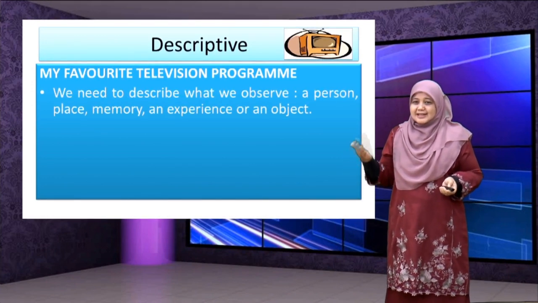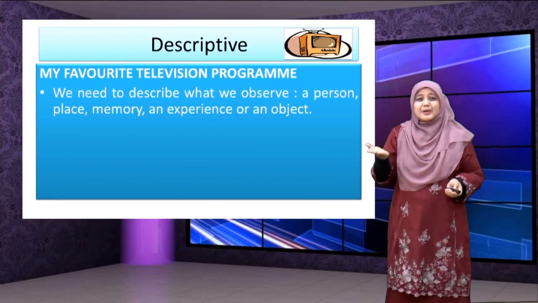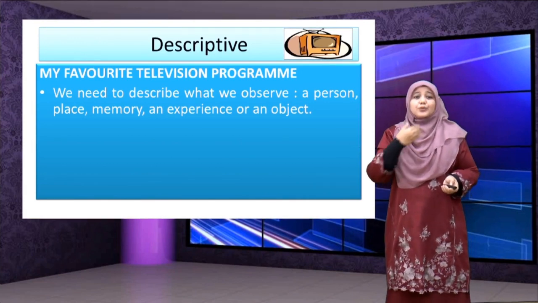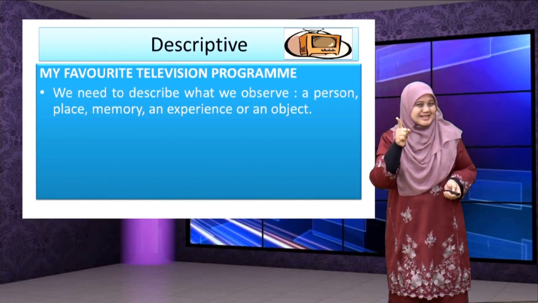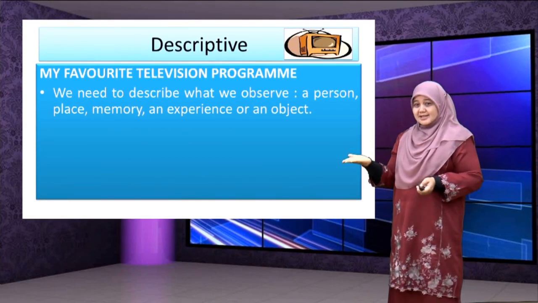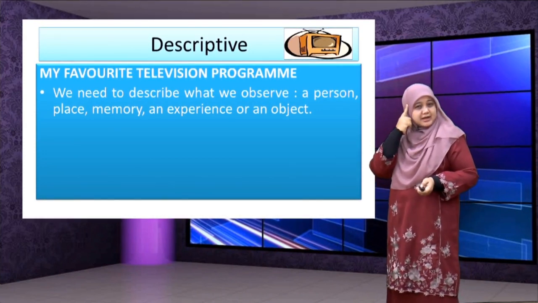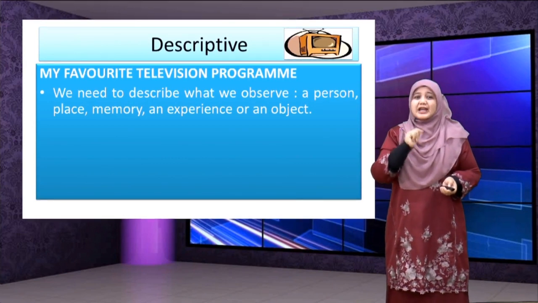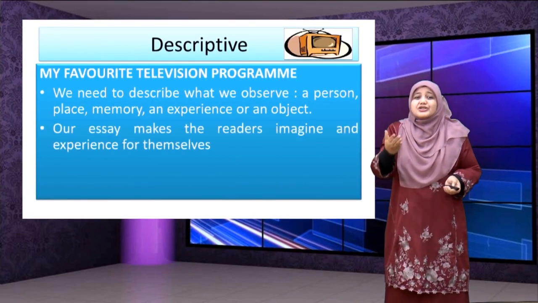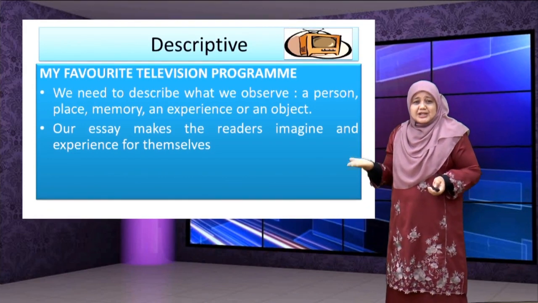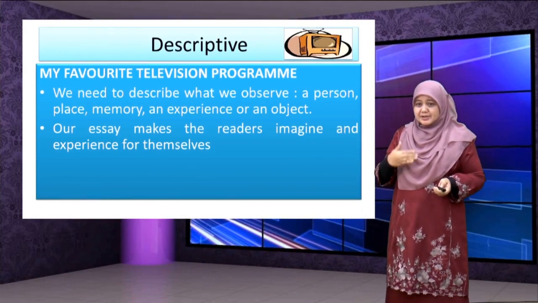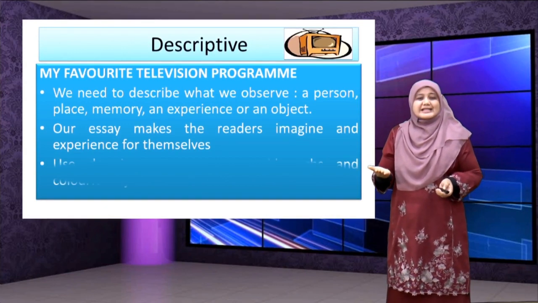For descriptive essay, for those who are interested to describe something, that means we need to describe what we observe. It can be a person, a place, a memory, an experience, or an object. And in doing so, we need to be able to make our readers imagine and experience for themselves whatever we have described.